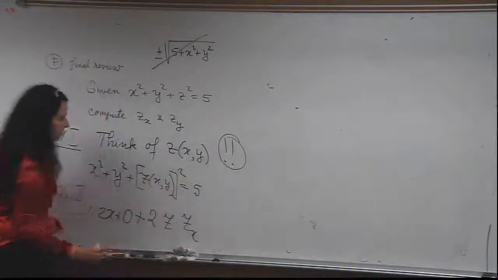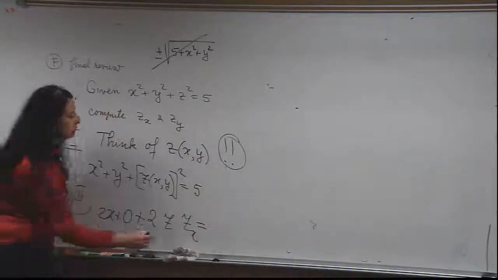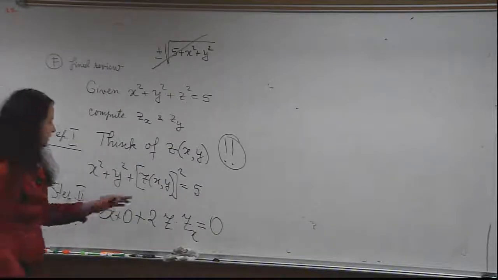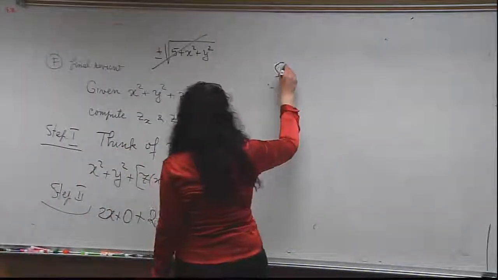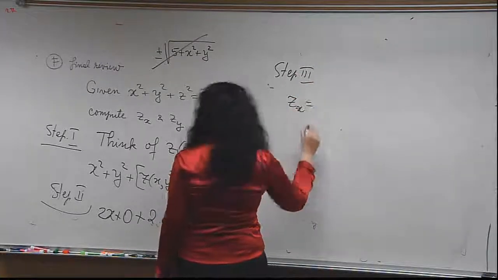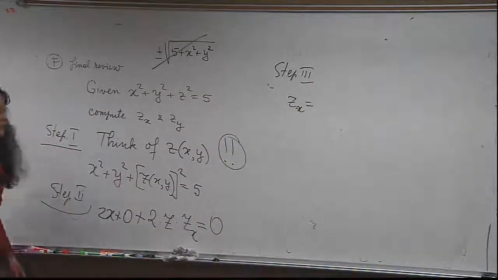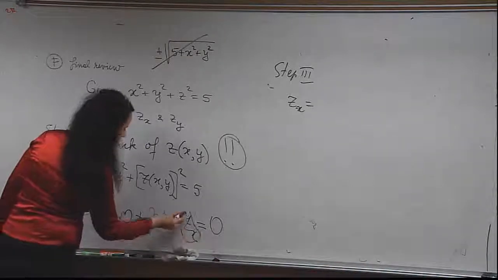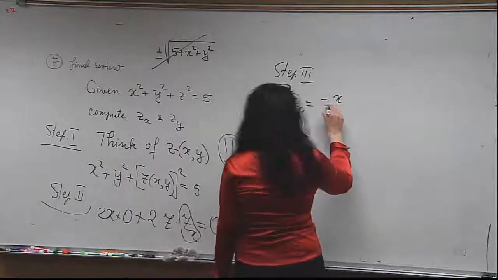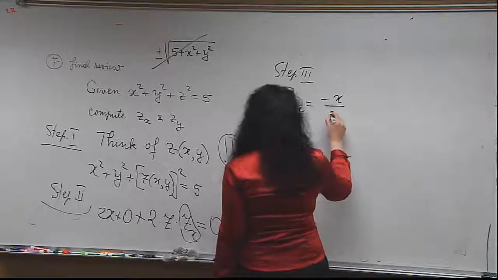Z prime with respect to x equals what? 0, good, thank God. So, z sub x, step 3, and the last step, z sub x will be what? Pull it out. Minus x over z.